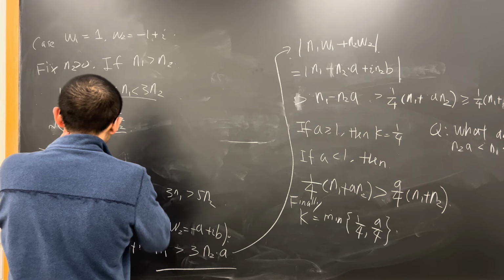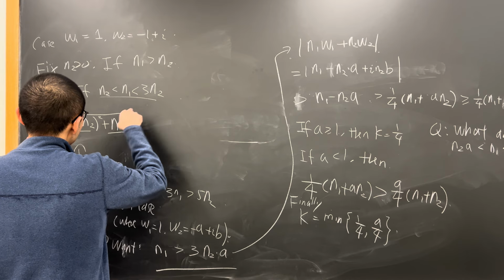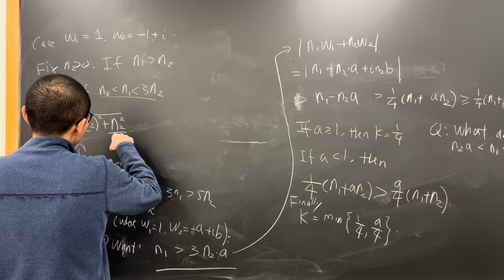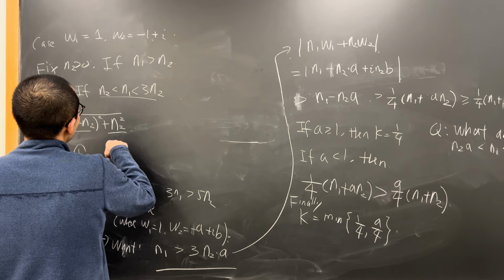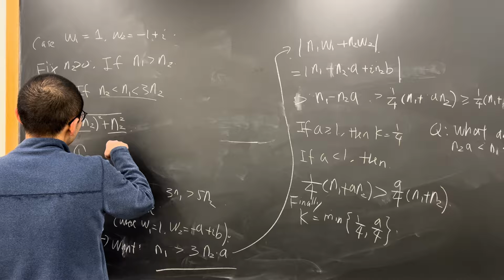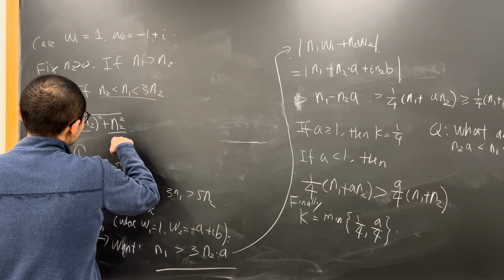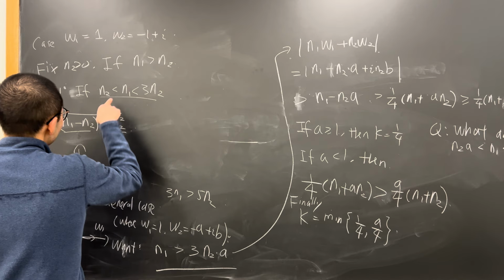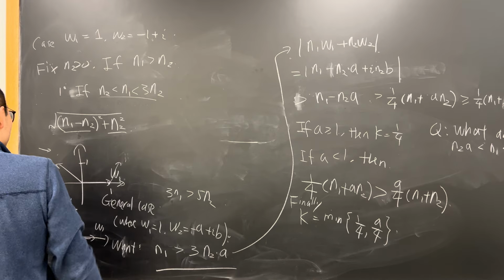We use the property that the N1 ratio is bounded, so we can always choose a constant such that N1 plus N2 multiplied by that constant is bounded below by this N2. We can always do that because N1 and N2 are bounded within the N2s.